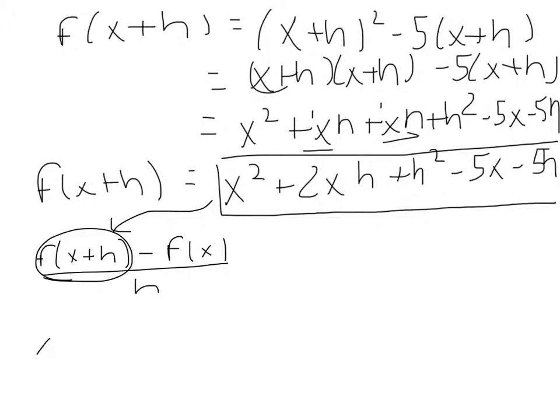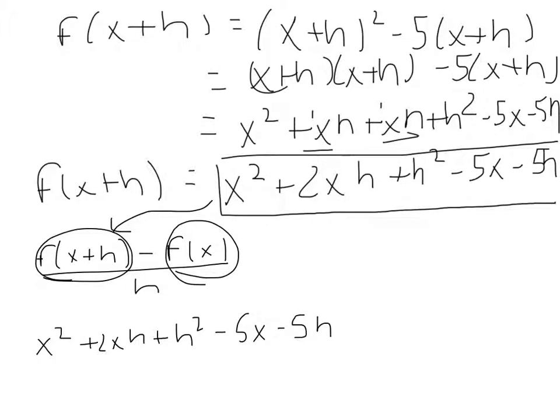So that will be how we start, with x squared plus 2xh plus h squared minus 5x minus 5h. That comes from our previous answer. Now minus f of x, the original function. And the original function was x squared minus 5x. So we have to subtract that. And let's do all that first, and then we'll put that all over h last.